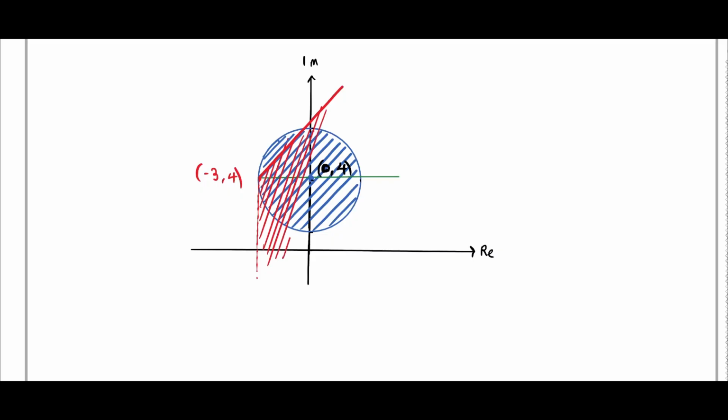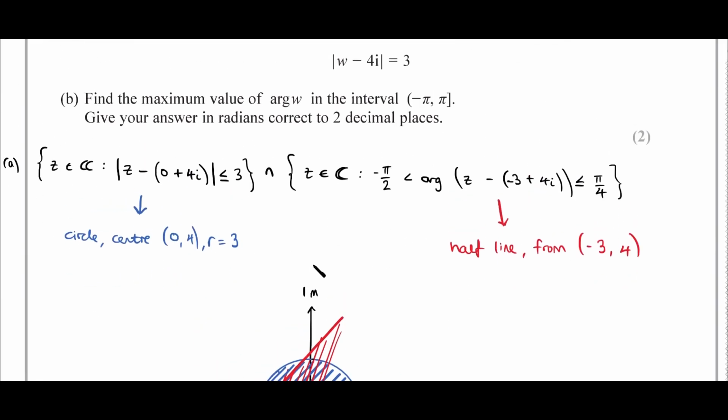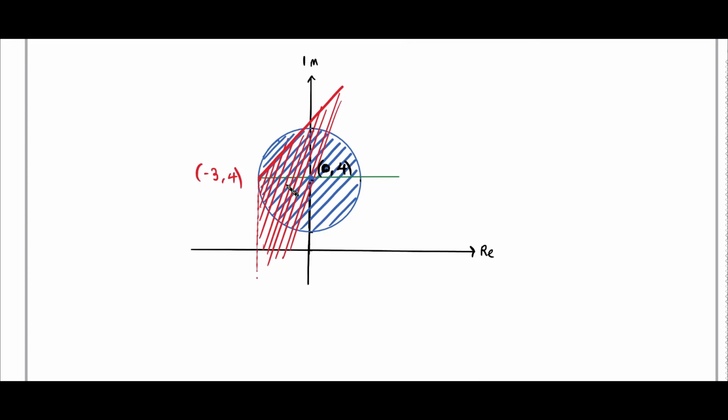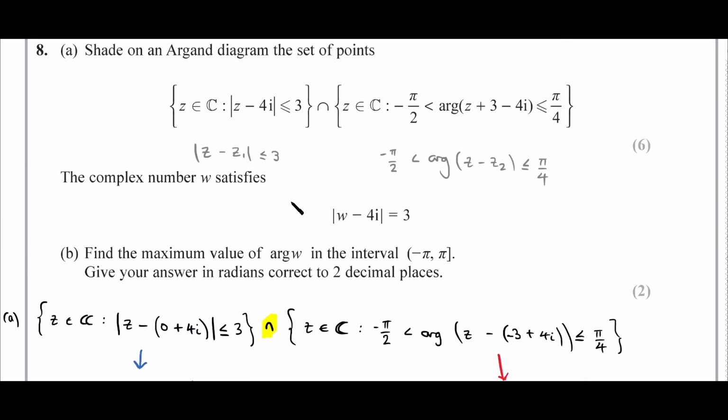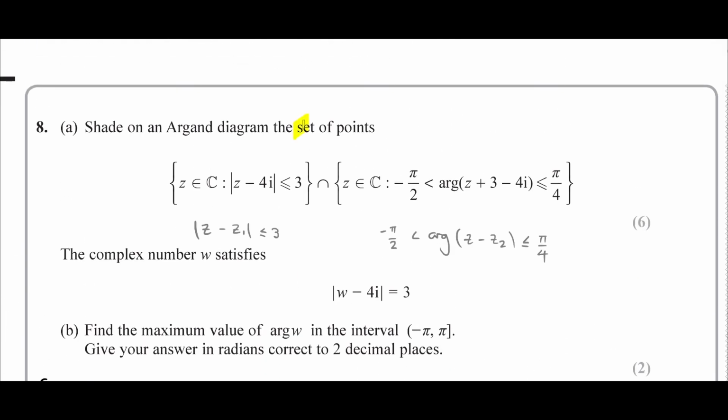So to satisfy both these conditions, the region we want in total would be this region in yellow. This region shown highlighted over here is the region we want. This satisfies the set of points for this part. Hopefully that makes sense.